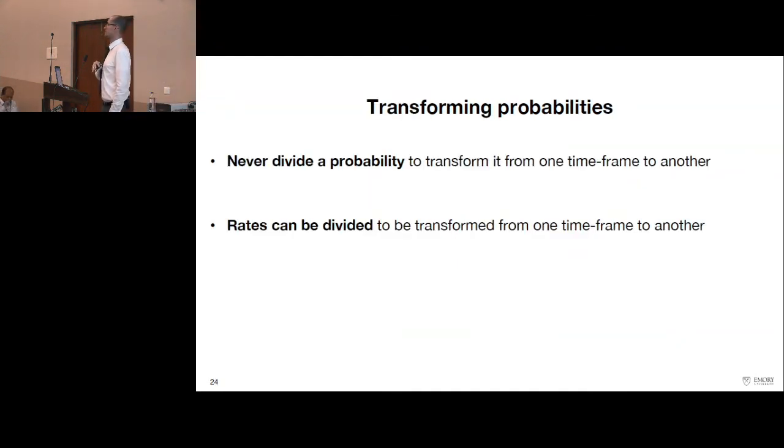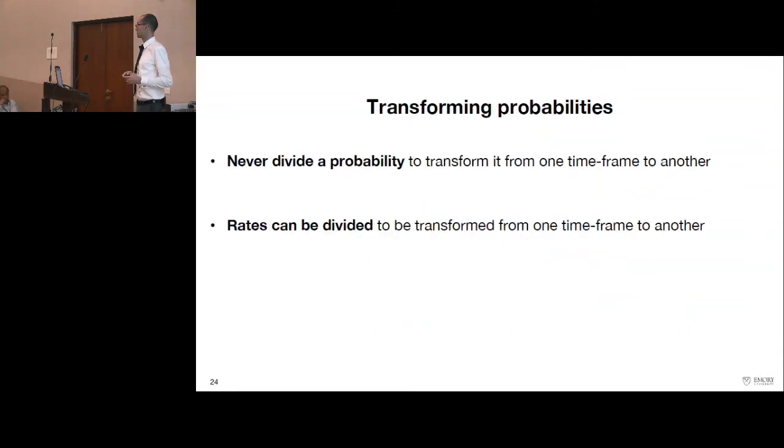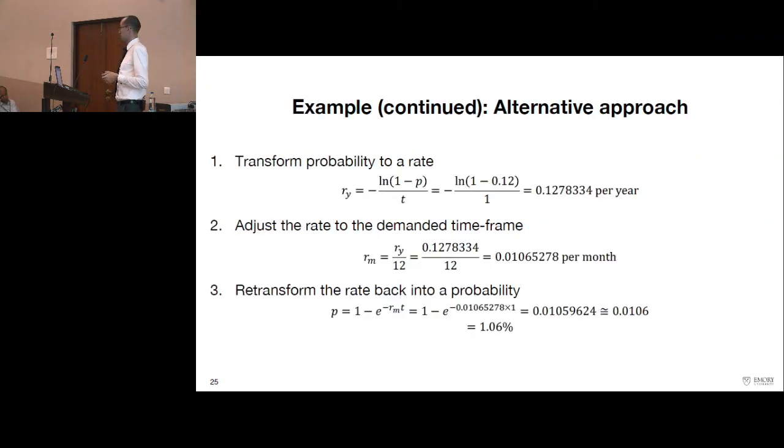The bottom line here is never divide a probability to adjust it for the right time frame. You can either do some sort of a process as I did here, or we already talked about how to transform probability to a rate and back. And the good thing about rates is that you can adjust a rate for the appropriate time frame by simple multiplication or division. So an alternative approach would be, we had the probability of death in a year.